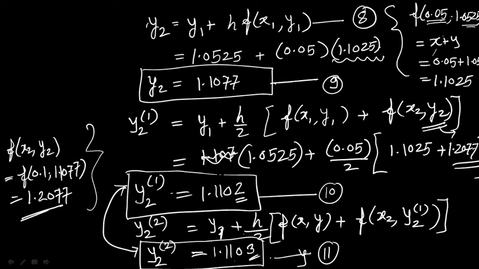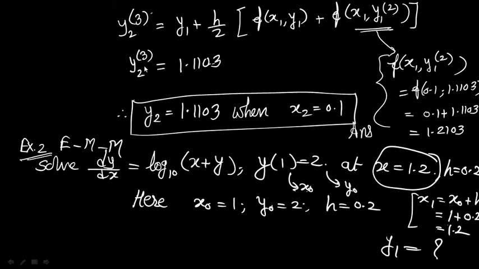Now if we find the next value y2(2), its value is 1.1103. The difference between these two values is less than 0.0005. We can stop the iteration, and if we find the next iteration value y2(3), we get the same value. Therefore y2 equal to 1.1103 when x2 equal to 0.1.